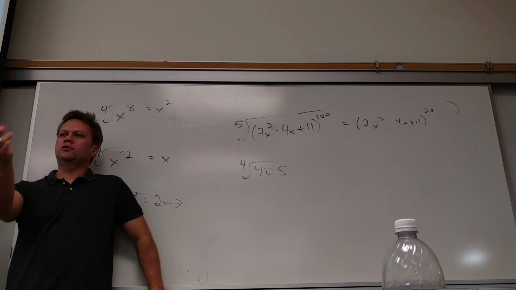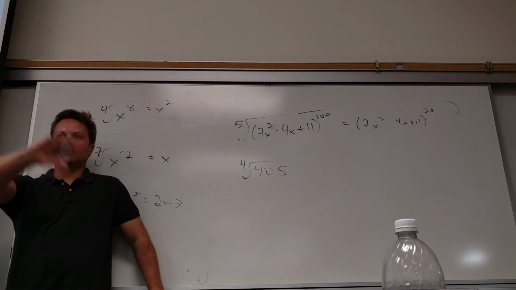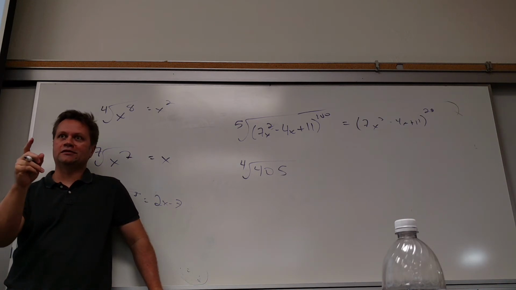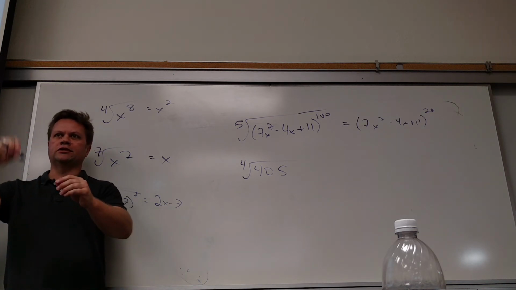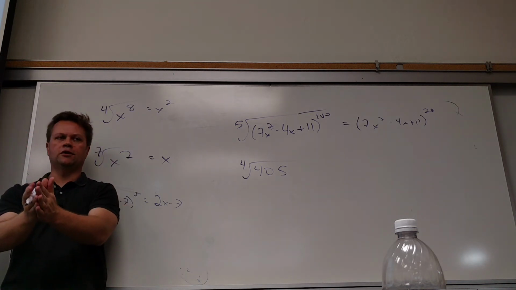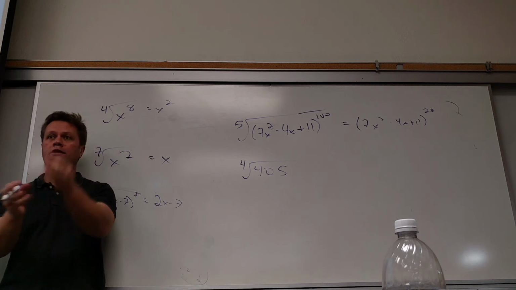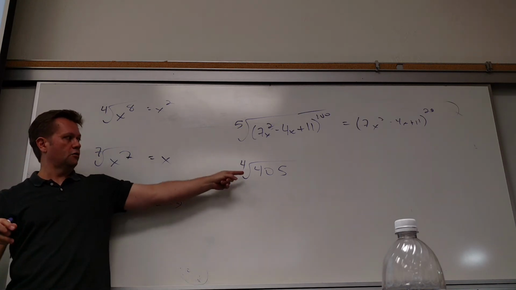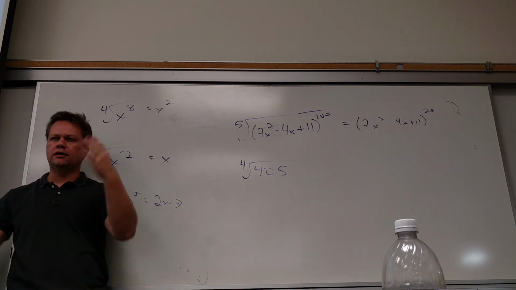What can I do the 4th root of? 1 to the 4th is 1, that's never good. 2 to the 4th is 16. 3 to the 4th is 3 times 3 times 3 times 3, 9 times 9, 81. So the 4th root of 81 is 3, because it takes 4 3s to make 81. Does 81 go into 405? Yeah, it does. But you might not see that.